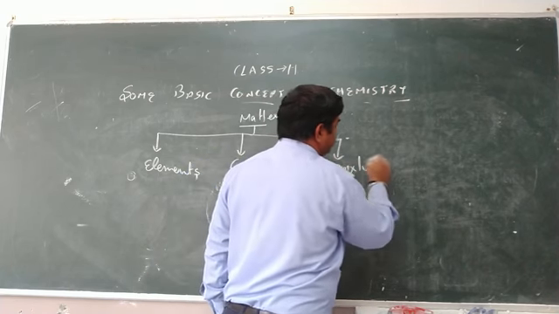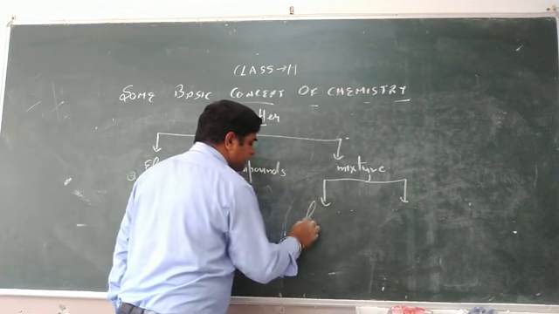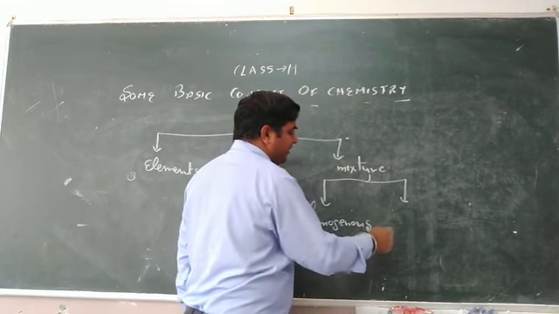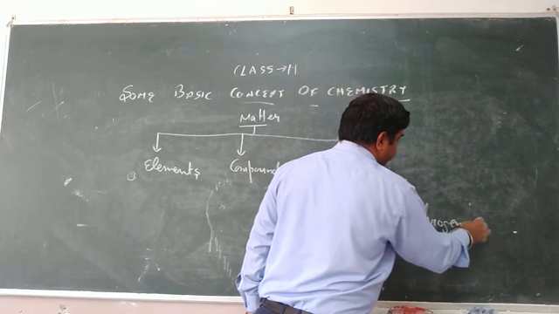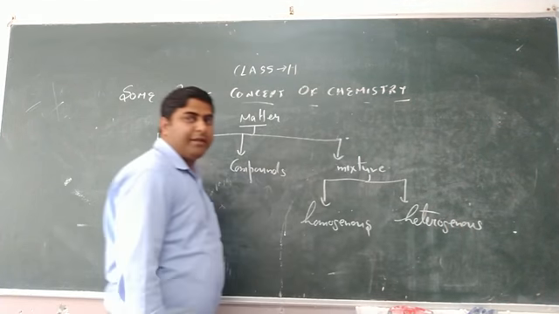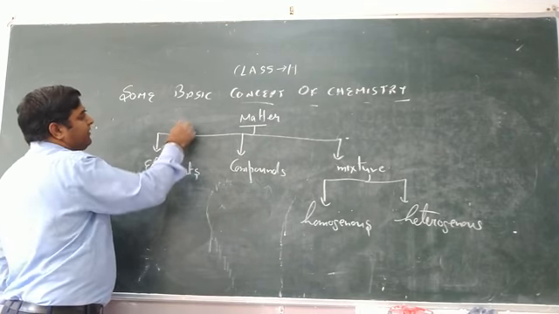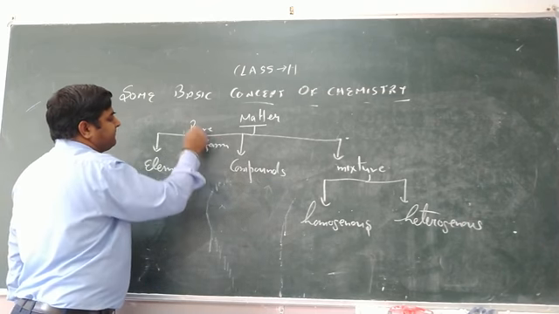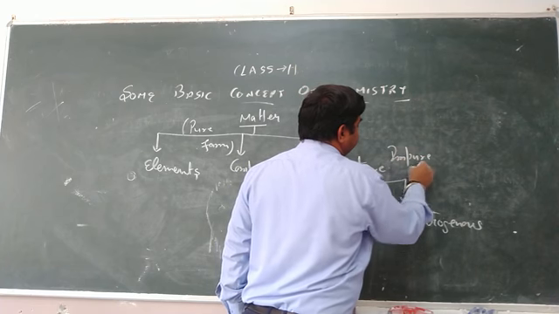Mixtures are further classified into 2 categories: homogeneous and heterogeneous. Keep in mind, elements and compounds are pure forms of matter, and mixtures are generally called impure form.